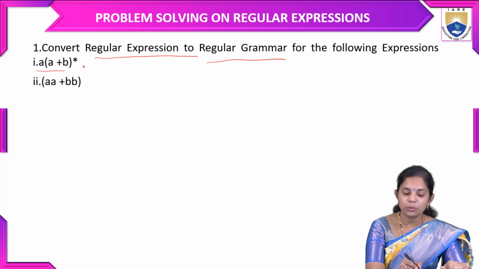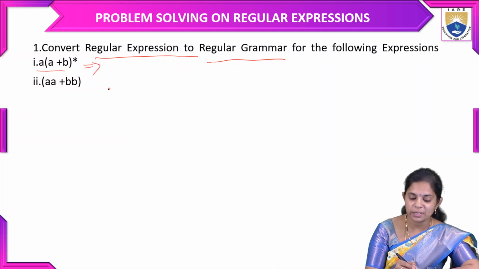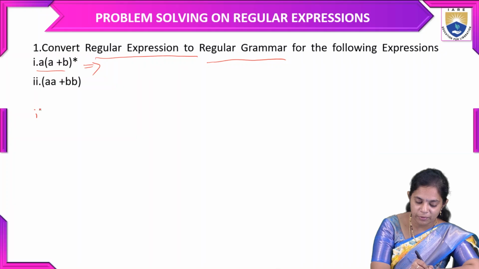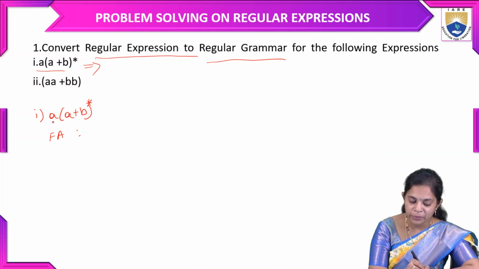First we need to design this into a finite automata. So how do we design this into a finite automata? We'll take first (a+b)*.